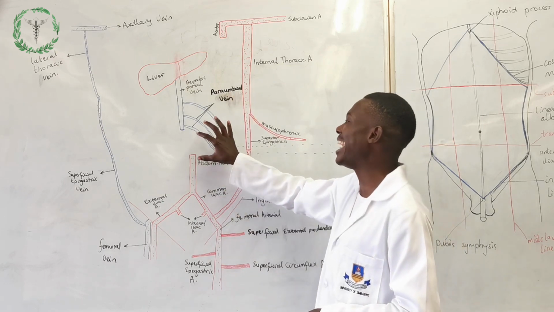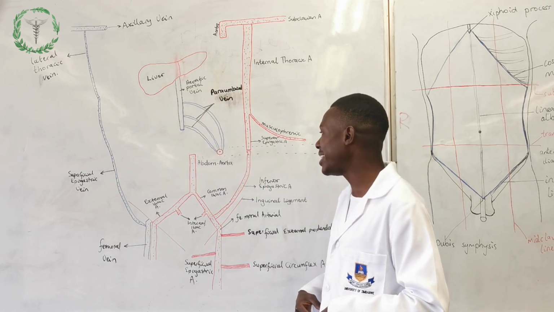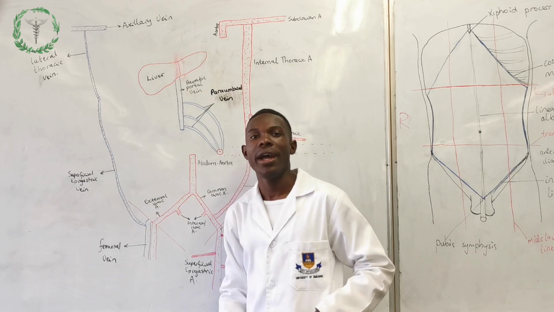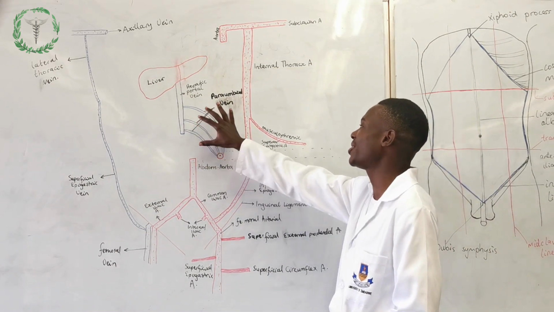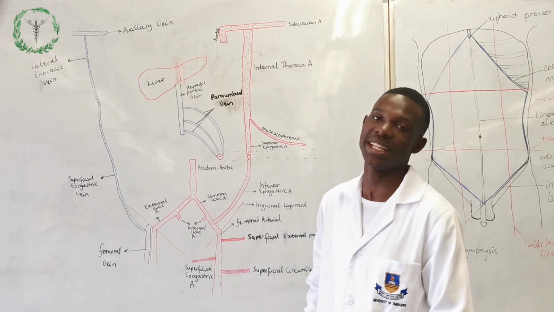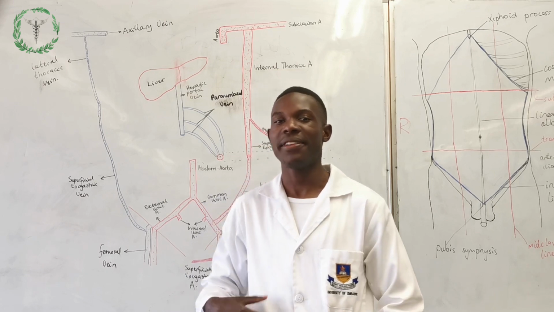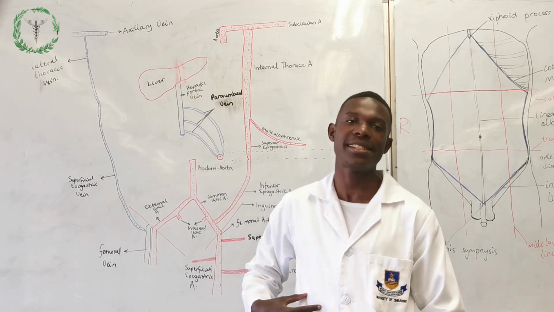So we are going to have dilatations of these para-umbilical veins as well as the thoraco-epigastric veins. These dilatations of these veins are going to cause what you call caput medusae, right? You can see the dilatations of these veins superficially.